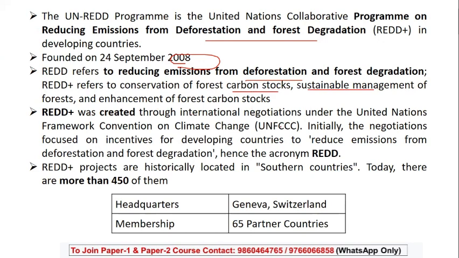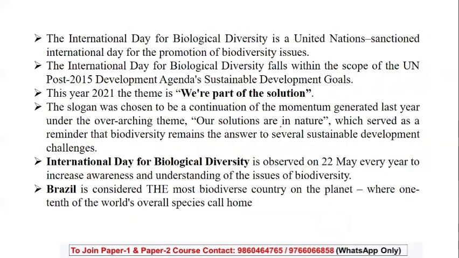So it was an international negotiation formed by the United Nations Framework Convention on Climate Change with a focus on reducing emissions from deforestation and forest degradation. So this project is located in southern countries. Today there are more than 450 of them. The headquarters is in Geneva, and the membership is 60 of 65 partner countries.